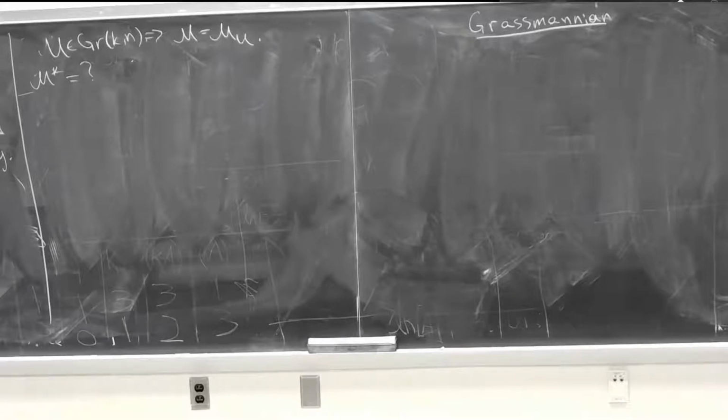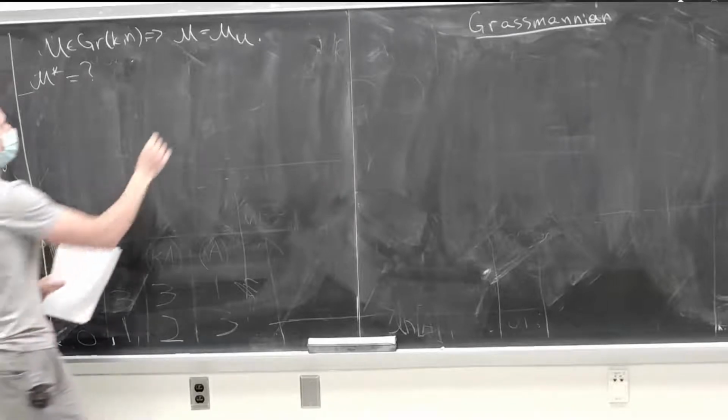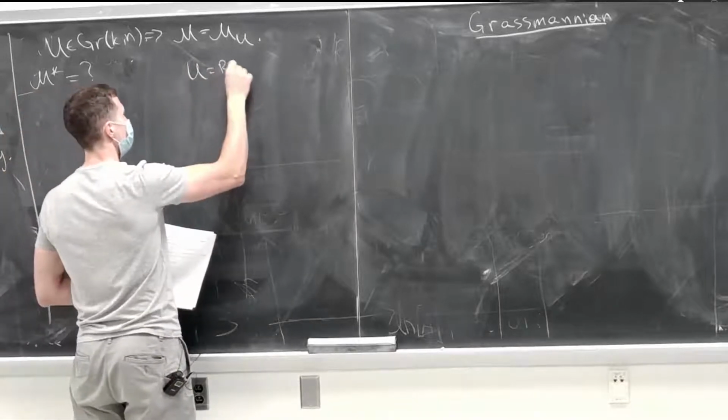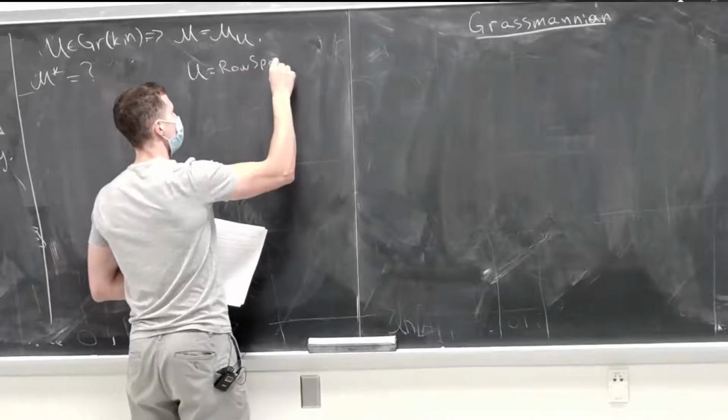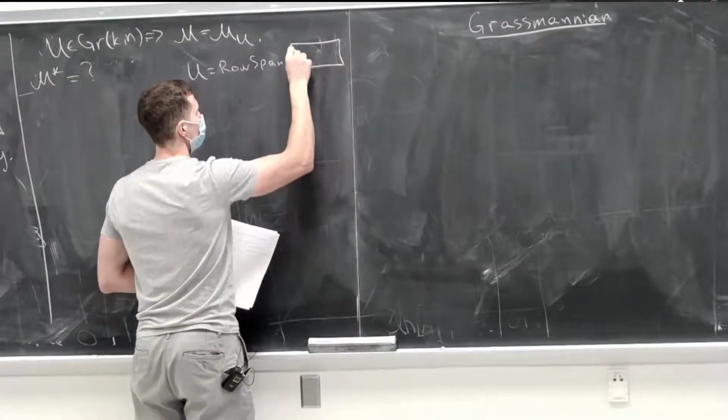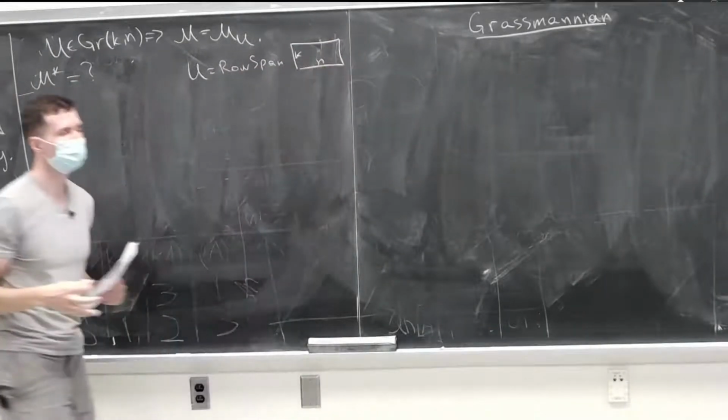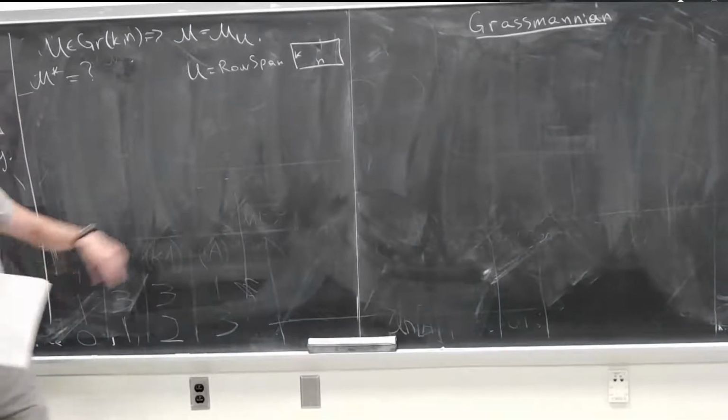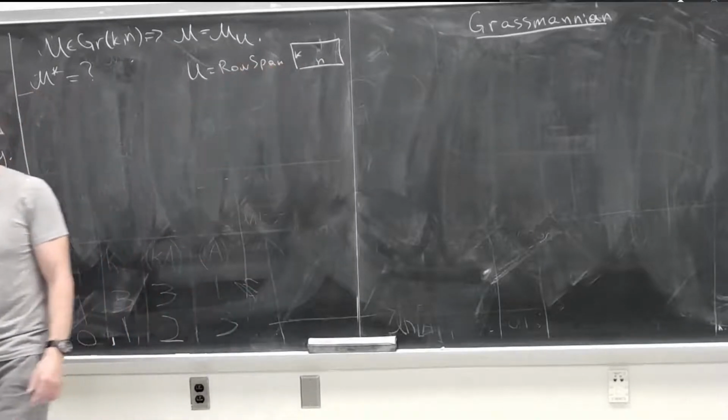Transpose which matrix? Okay, so interesting. U is the row span of a K by N matrix. So if I take the transpose, I'm going to get N by K.